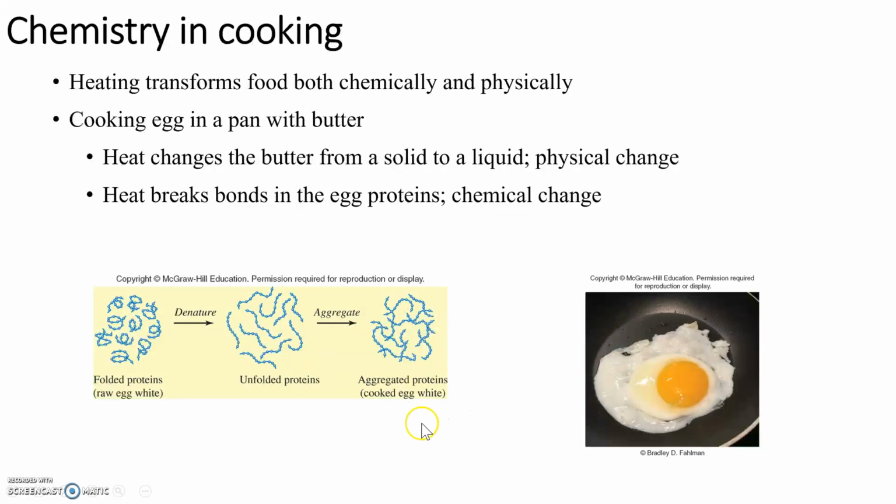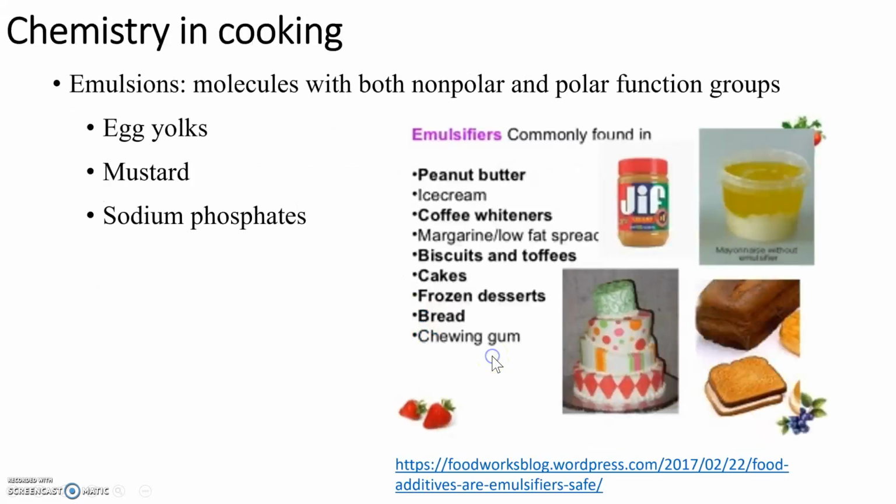And as a result, that egg is cooked. So the heat that you're adding to that egg is breaking bonds, resulting in that egg cooking. So chemistry comes into play in how we cook. It also comes into play in recipes and explains why we add certain ingredients.